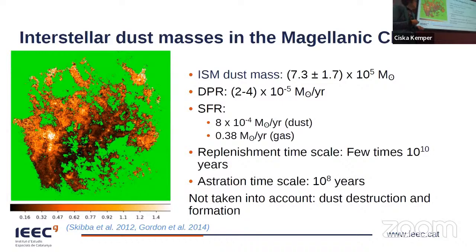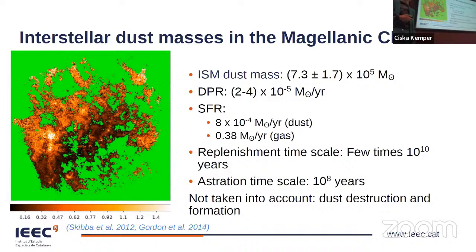And if you then assume a dust to gas ratio that is appropriate for the LMC, this is 0.38 solar masses per year for the star formation rate. This means that the amount of time that it takes to consume this dust in the interstellar medium is of the order 10 to the 8 years. So it's way faster to consume the dust in the interstellar medium than to produce it.